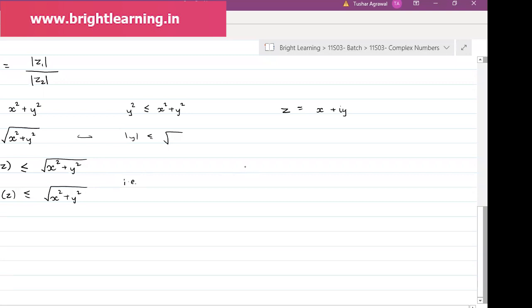That is, the real part of z is between negative of mod z and positive of mod z. The imaginary part of z lies between negative of mod z and positive of mod z.